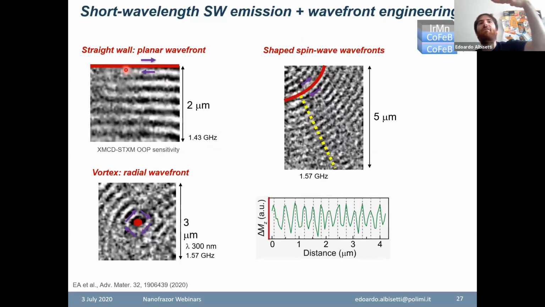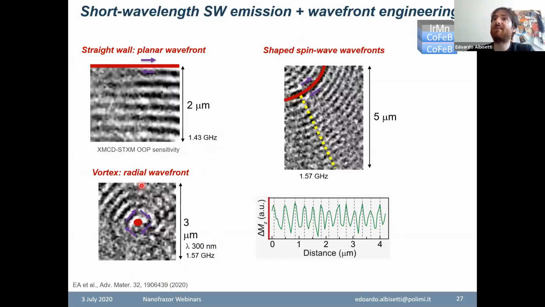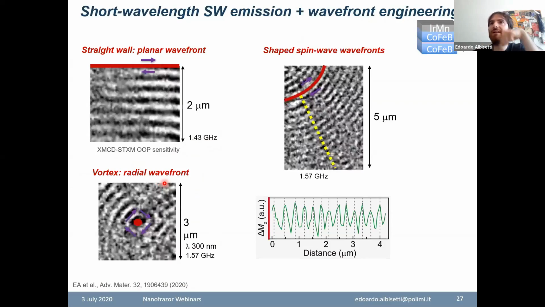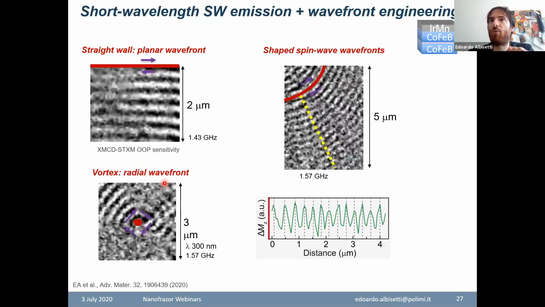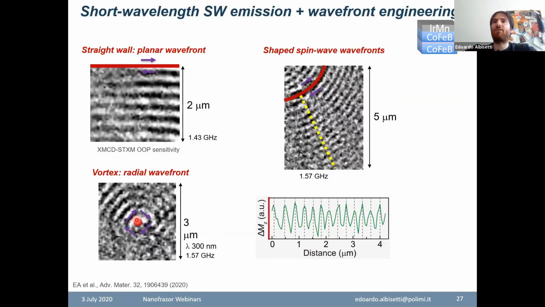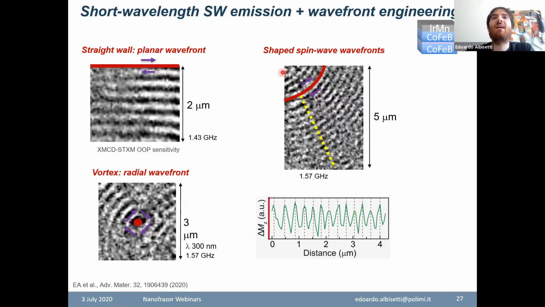So you have these wavefronts that actually emanate from the spin texture. If you have a vortex, which is the spin texture that I told you before, basically a whirling of the magnetization around a central point, and you excite this vortex, then you have radial wavefronts that propagate exactly as you would have by launching a stone in a lake, for example.